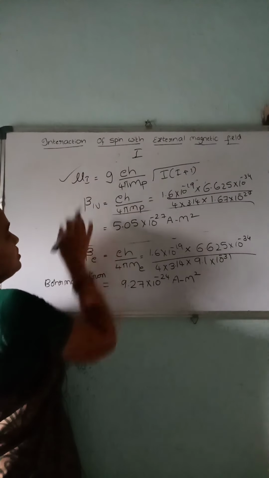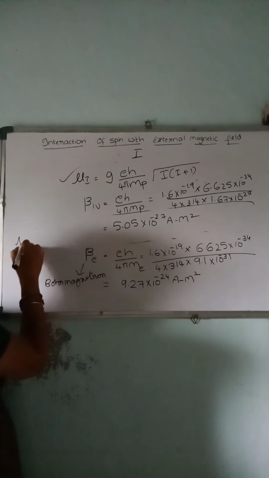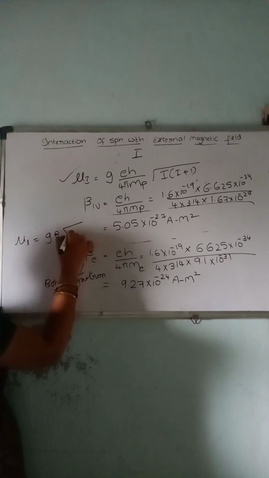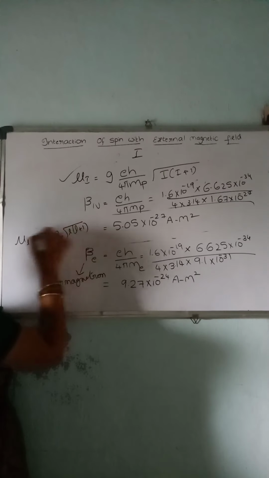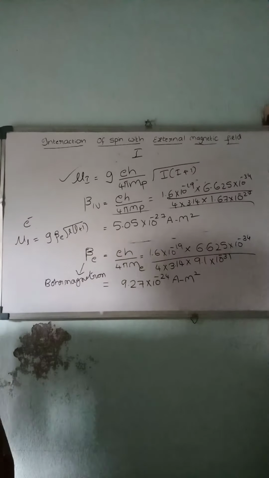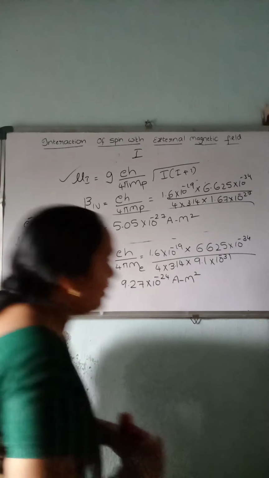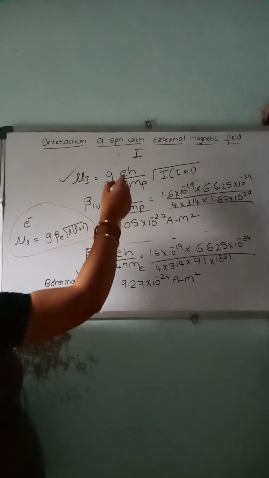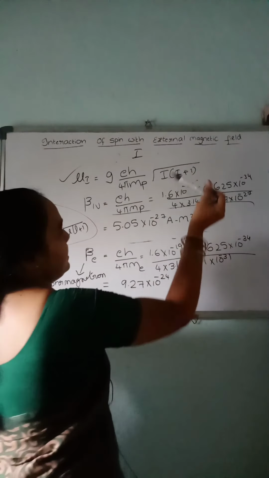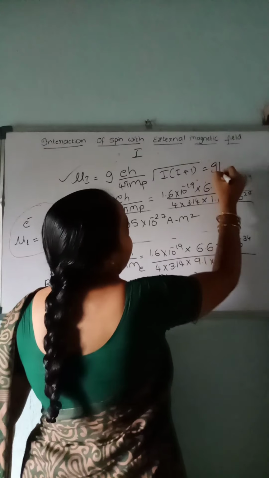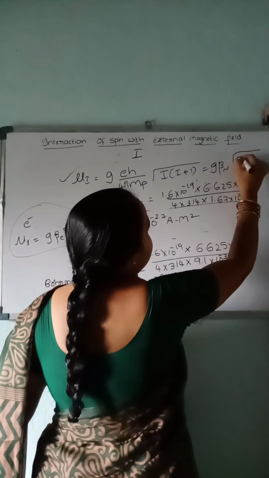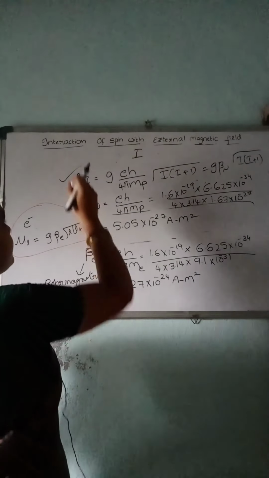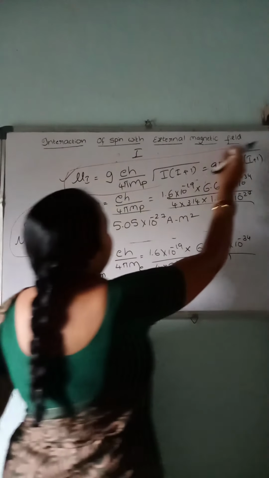So these two terms, that is mu L is equal to g beta e root of L into L plus 1, correspond to the electron magnetic dipole moment, whereas mu I is equal to g beta n root of I into I plus 1 is called the magnetic dipole moment for the nucleon.